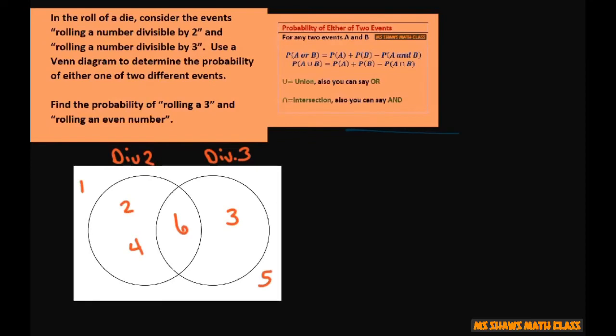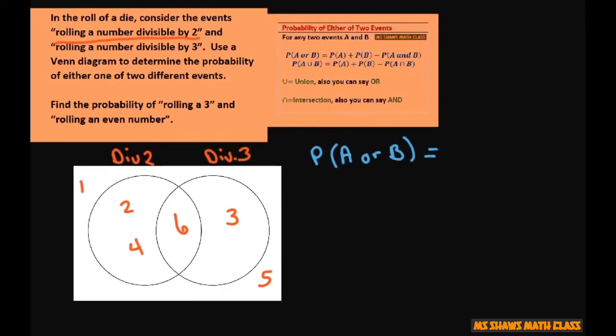So doing the problem, we're going to get the probability of A or B equals the probability of A. So what's the probability of A? A is rolling a number divisible by 2.